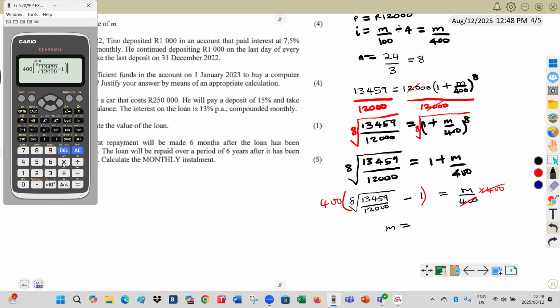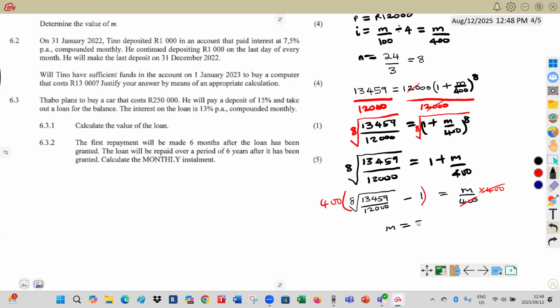Then we close the bracket. That must be equal to 5.77. That value on the calculator, when you put it to 2 decimal places, is going to be 5.78%. So this becomes our answer, because the question was saying calculate the value of m. So m will be equal to that.